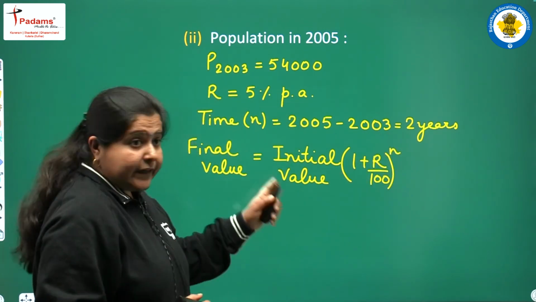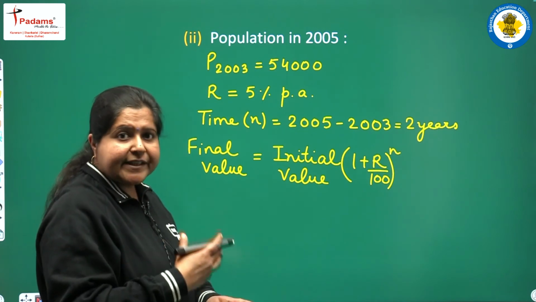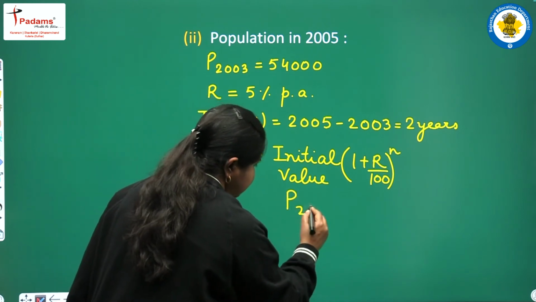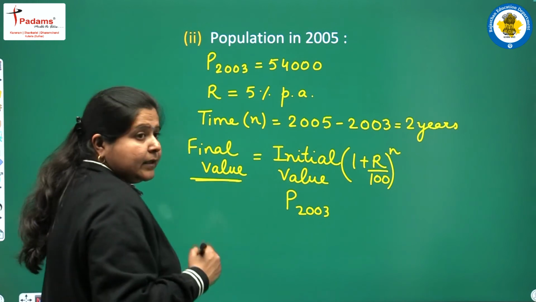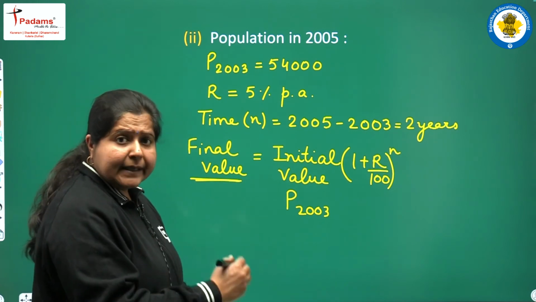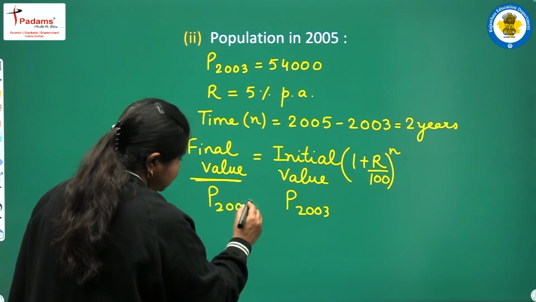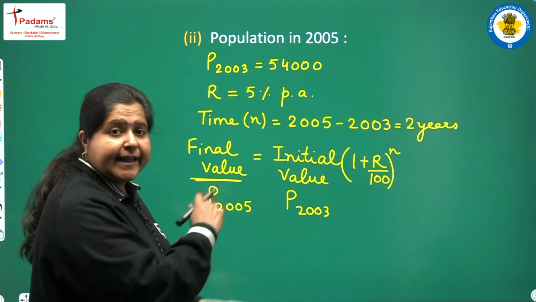Now what will be the initial value? वो population जो starting में होगी, और obviously 2003 की population starting में होगी, so we can write here population in the year 2003. And now what will be this final value? The population which we will be getting afterwards, that is population in the year 2005. तो इस तरह से ये दोनों populations connected हैं इस formula से.